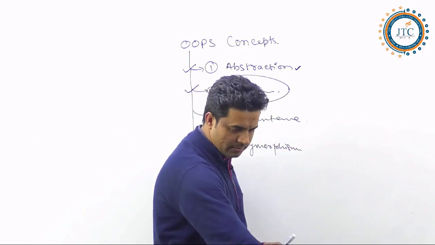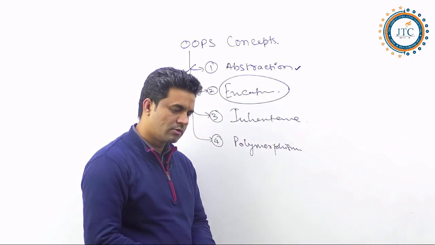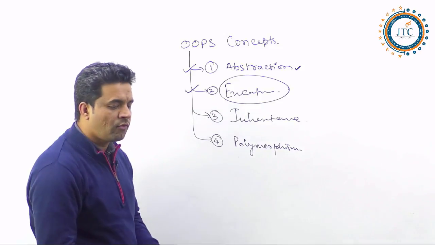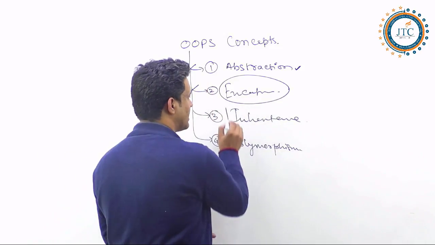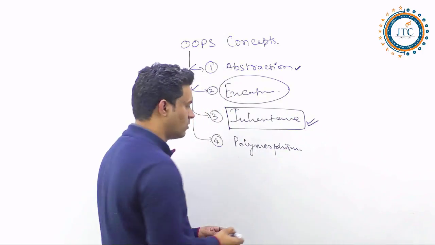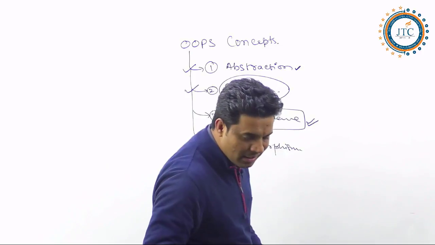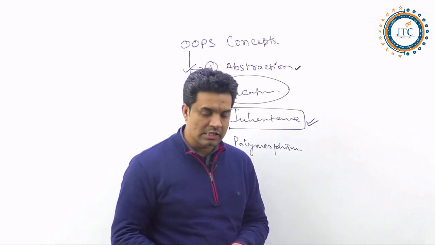Okay, fine. Now we have another one, something called inheritance. The next one we are talking about is inheritance. What exactly is inheritance? How are we going to use inheritance in our program?